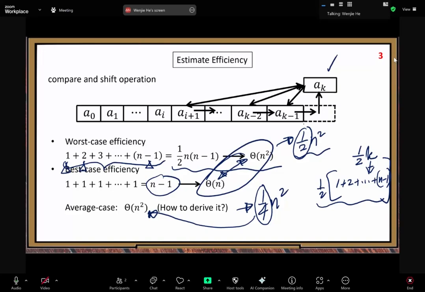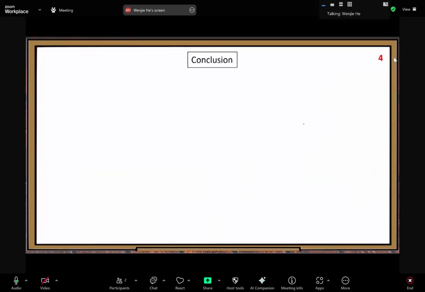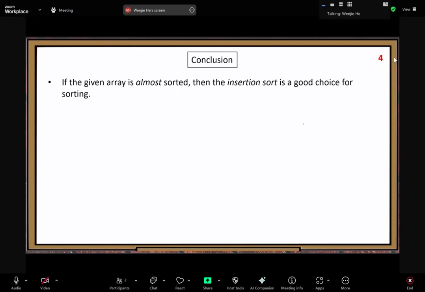But at the end, we need to make our final conclusion, based on the main property of this insertion sort. So what's that main property? If the given array is almost sorted, that is our data property.